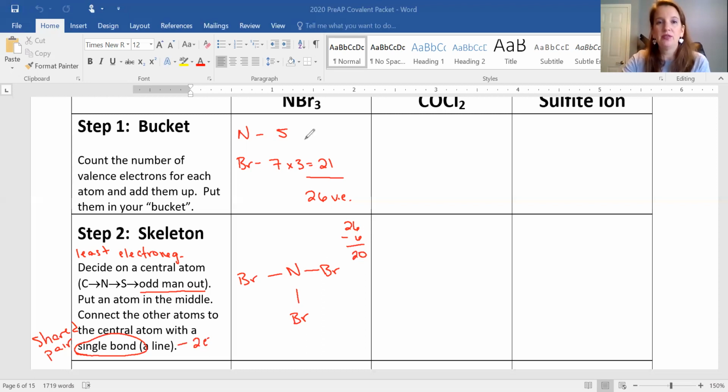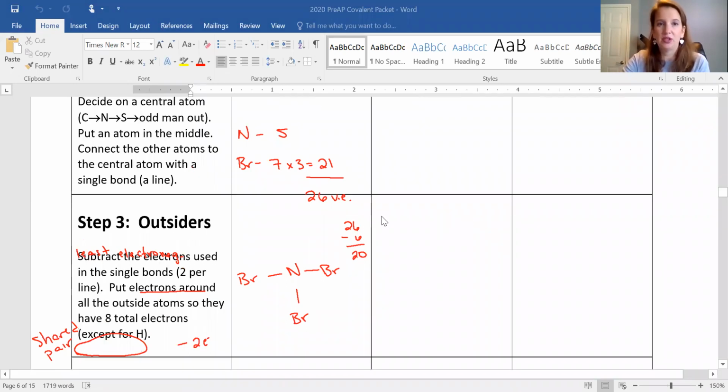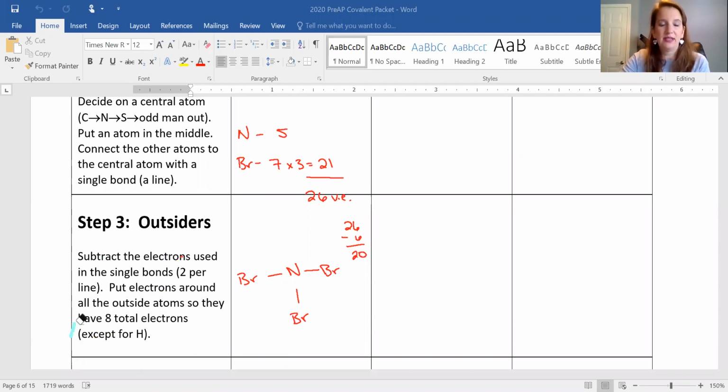Now I want you to redraw this skeleton in step 3. I'm just going to be lazy and move my picture. Step 3 is the outsiders, meaning we want to make the outside atoms happy by getting them up to 8 valence electrons. So we're going to put dots around all of our exterior atoms, the outsiders, to get them up to 8, except for hydrogen.